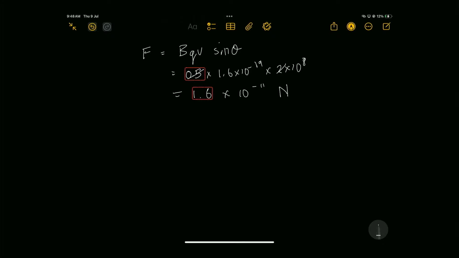right? So this magnetic force is equal to the centripetal force. So we can equate these two, the centripetal force and the magnetic force.